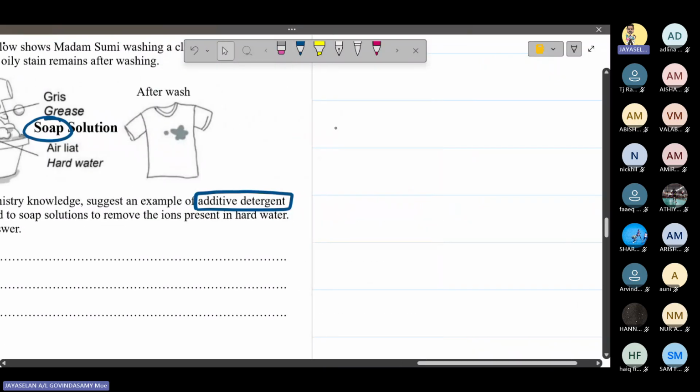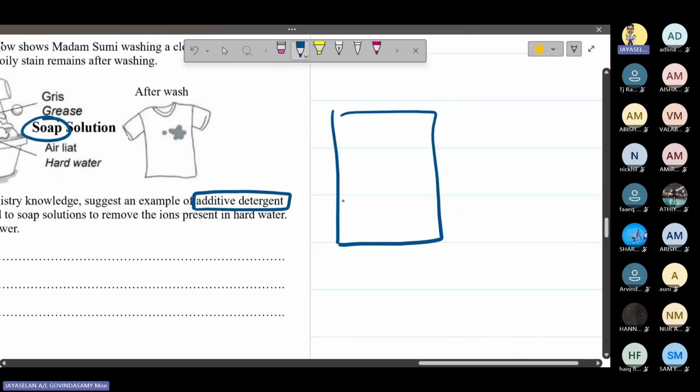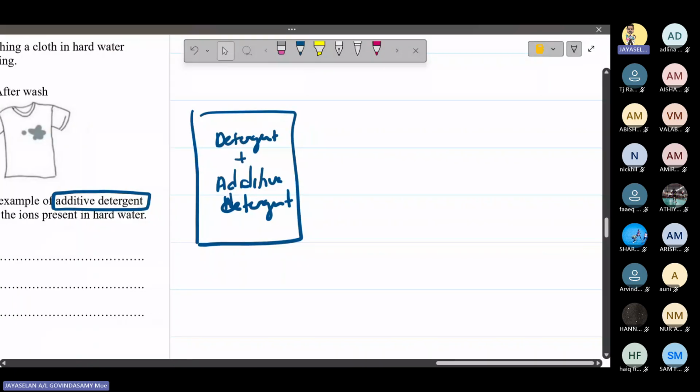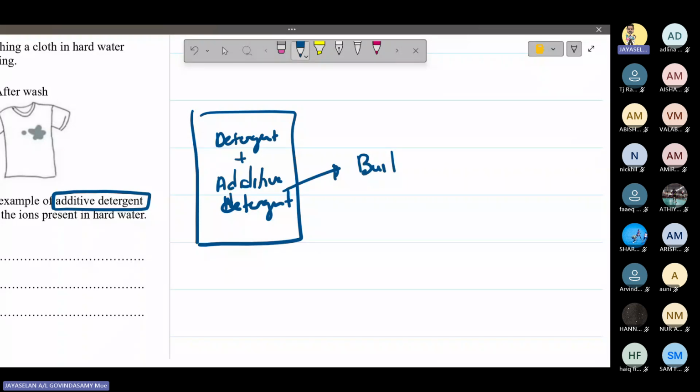That means that when you buy detergent, in the detergent, whatever brand, other than detergent, they have additive. Okay, additive detergent. This one we will learn on Monday lah. Under additive detergent, the one belum keluar untuk SPM, this one, builder. One of the additive detergent is known as builder.